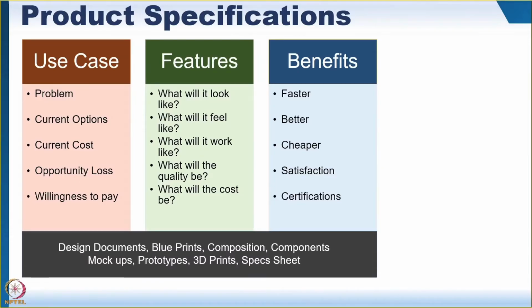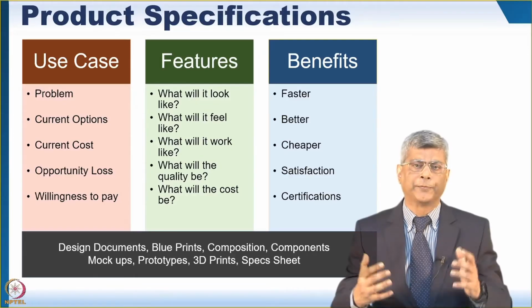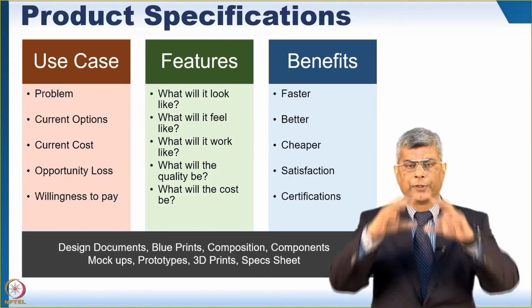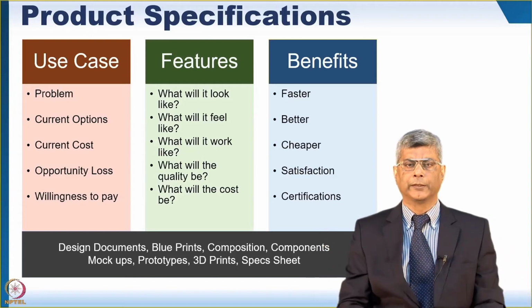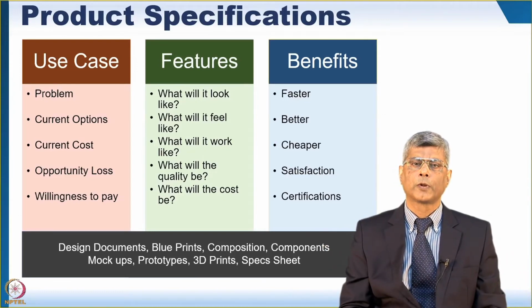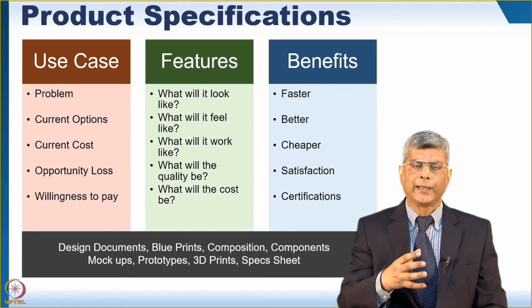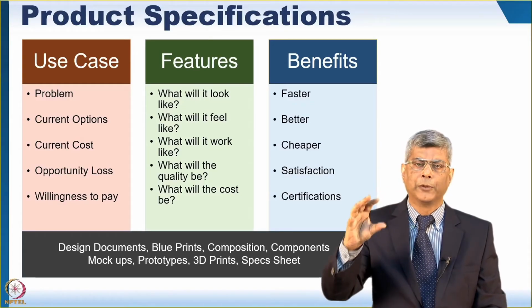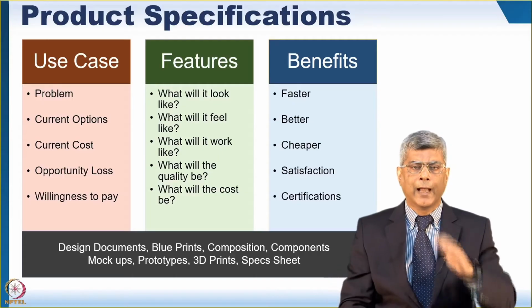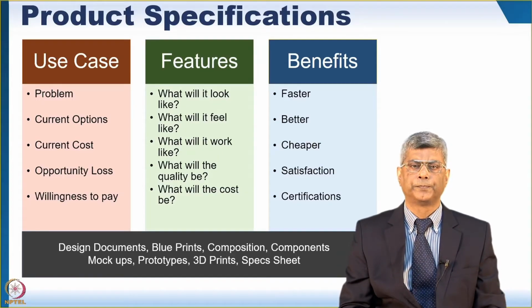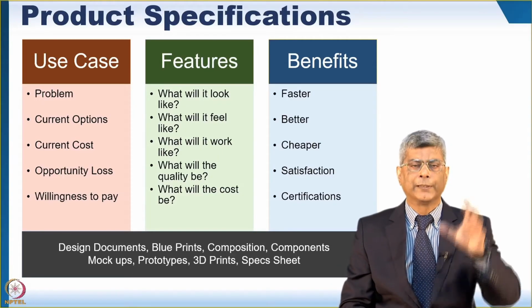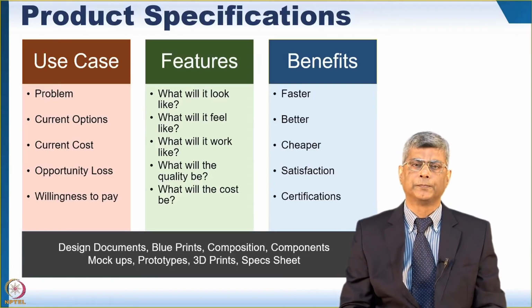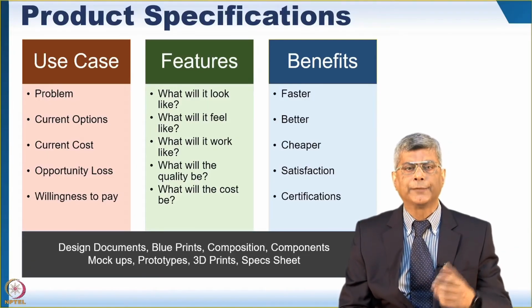Let's start with what a product specification is. What is a specification? This is the first part I said of manufacturing. A product specification can be a very detailed book, manual, data sheet, etc., and it should cover these elements. First, it should define the use case. What is the use case for the product?